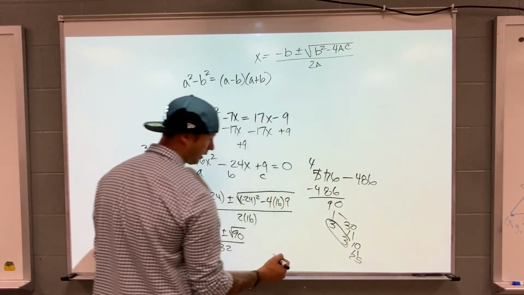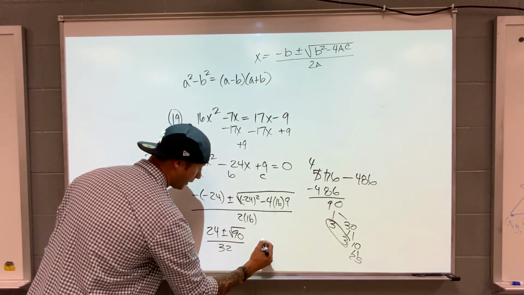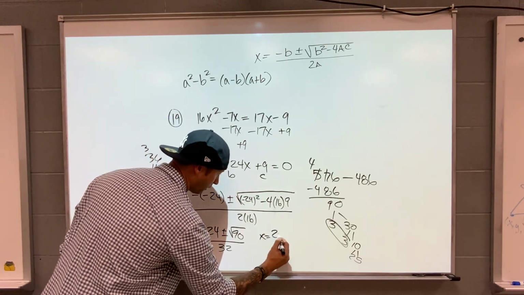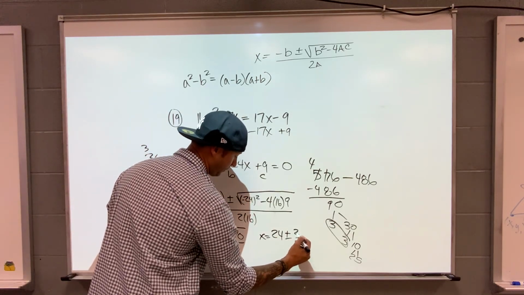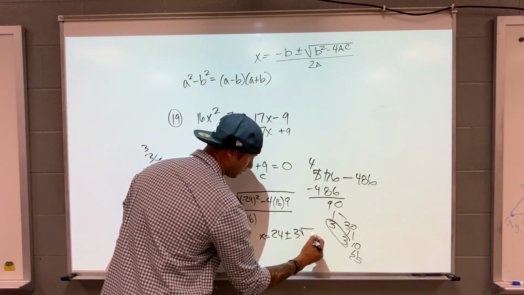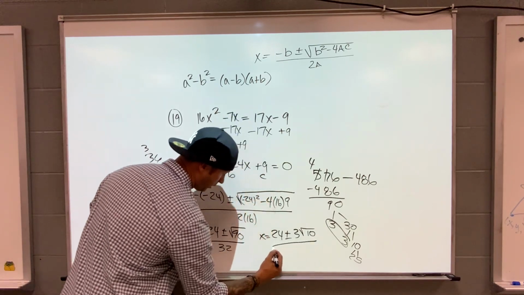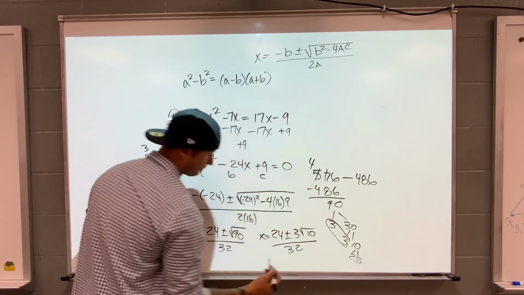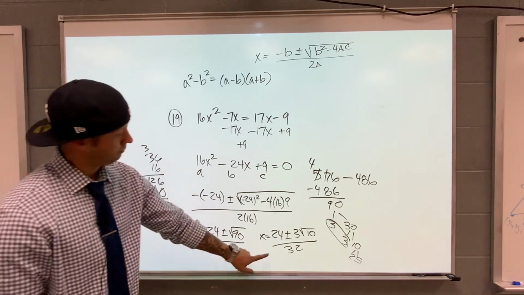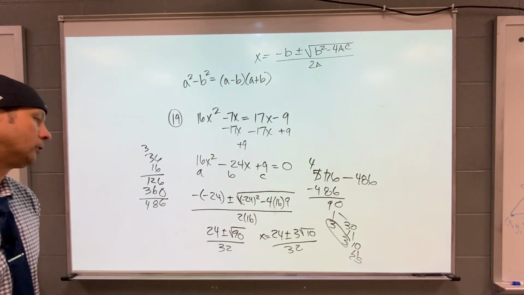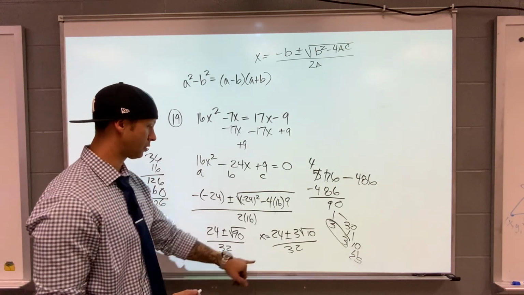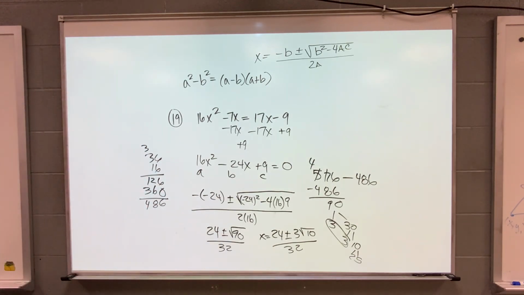So a 3 is going to come out, 10 left over. So we got x is equal to 24 plus or minus 3 root 10 all over 32. Can't factor anything out because 32 is not divisible by 3. So there are my 2 roots.